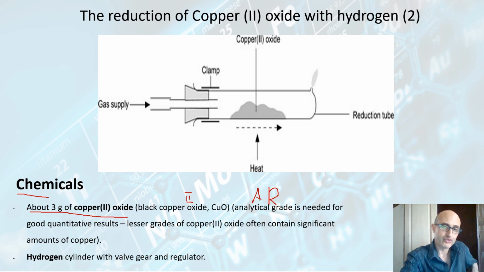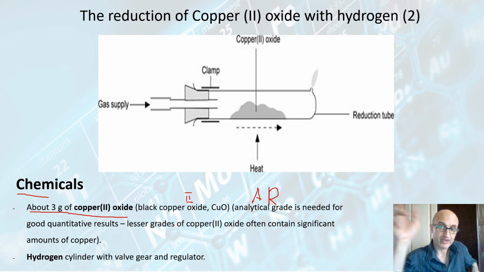The reason for using AR grade is that AR grade copper 2 oxide will have much less contamination in its composition. It is a very, very pure sample of copper 2 oxide, and this will give the best result that could be achieved in a school lab when it comes to determining the empirical formula of copper 2 oxide by experiment.